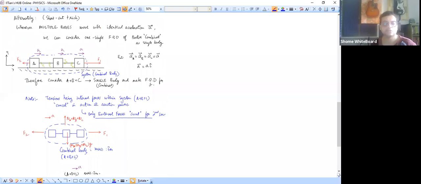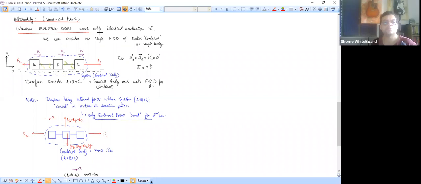Okay. We will see it applied not only in this problem, but in a number of problems today. So this trick that we are talking about, the shortcut method, that whenever multiple bodies move with identical acceleration A, we can do this. We can make it a combined single free body diagram. I'll explain how to calculate the tensions, don't worry. But first write down this part, or at least understand it in detail.